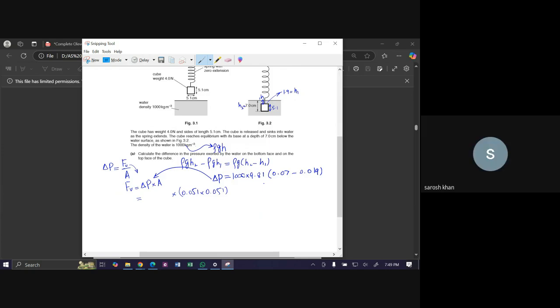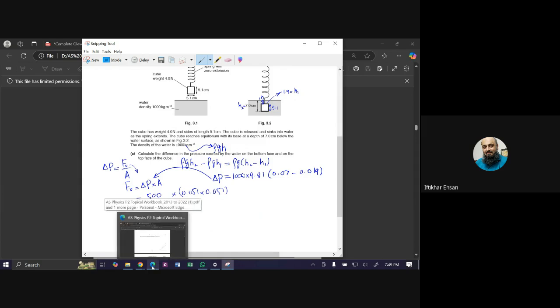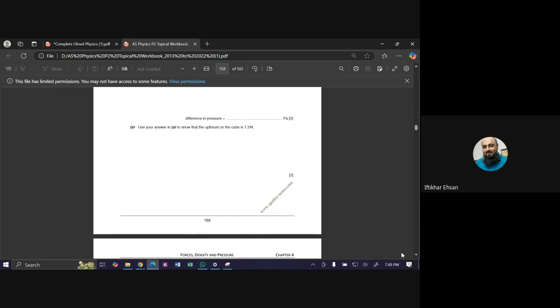Change in pressure was 500 pascals. Okay, so here you get the upthrust, right? Clear? Will it be clear, beta? Yes. Okay. Now moving to the next part.